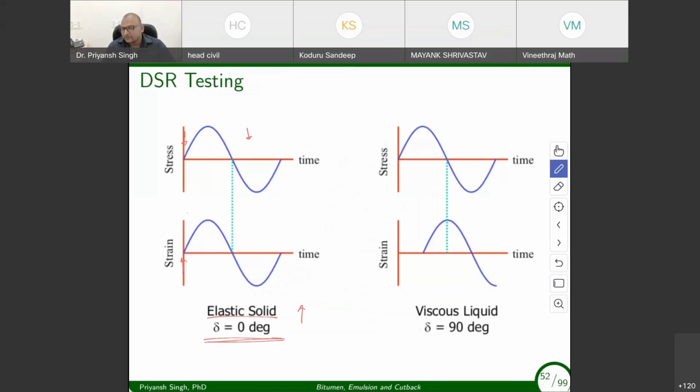But if the material is viscous, then there will be some amount of time lag. And if the material belongs to the viscoelastic category, that gap or that angle or that lag will be between 0 and 90 degrees.